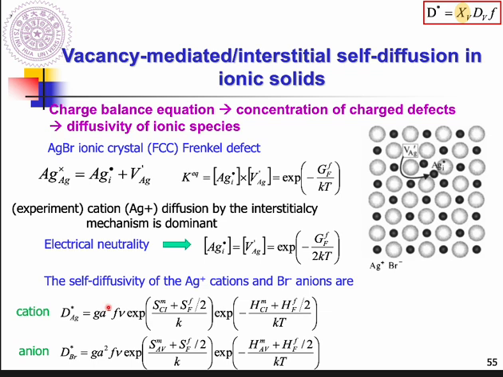So the same idea for silver, I just put everything back. Because it's ionic and also this is FCC, I put a G here. And silver moves through the interstitialcy mechanism, so it'll be the self-interstitial diffusion. This is for silver. And for bromide, where is bromide? This big guy. The only possibility for bromide to diffuse in this ionic material is through the vacancy, but here the vacancy will be the silver vacancy. So bromide jumps into a vacancy, but here the vacancy is at the silver site.